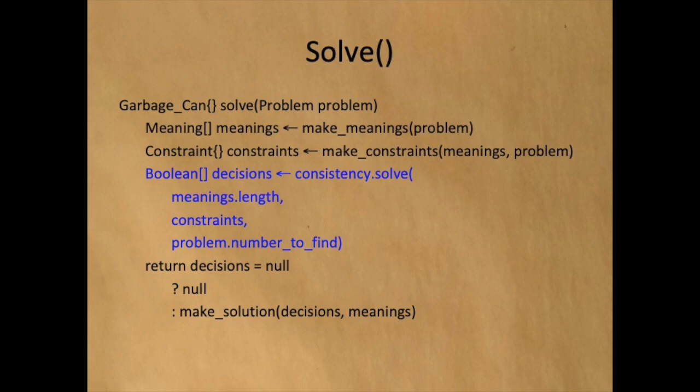And the number of trues is the number of garbage cans to find. In the final step, if the array decisions is null, then no solution to the consistency problem was found, so no solution to the packing problem can be found, and it returns null. Otherwise, it calls makeSolution to transform the decisions array into a meaningful set of garbage cans.